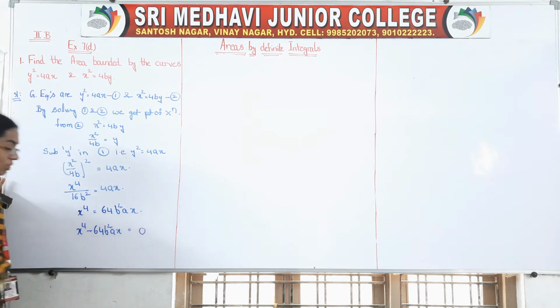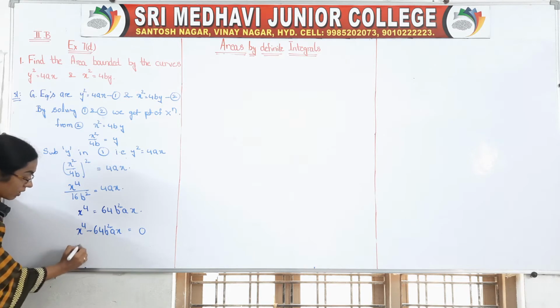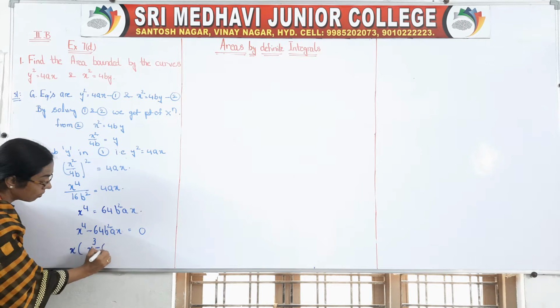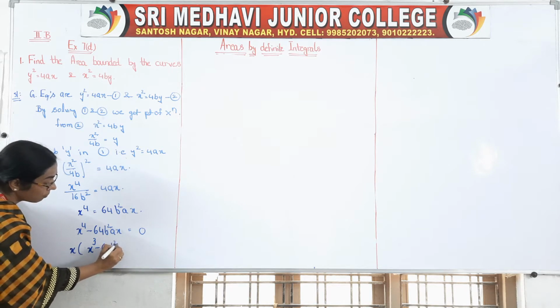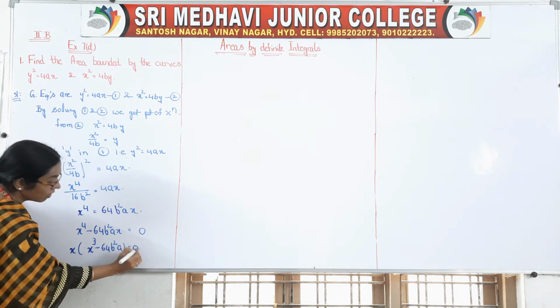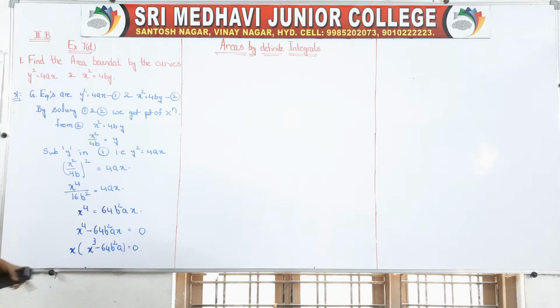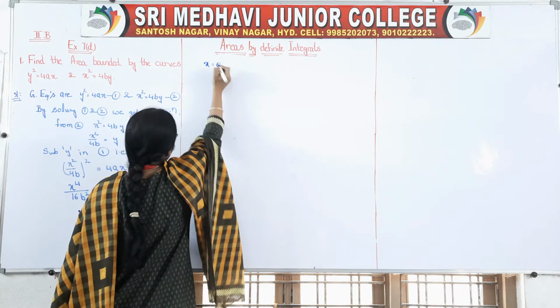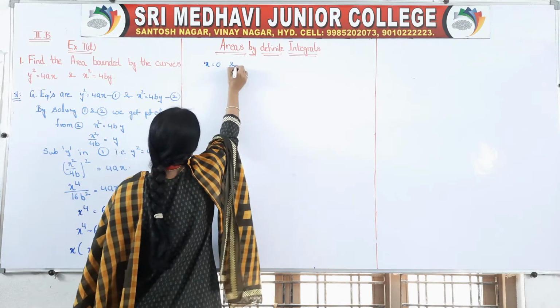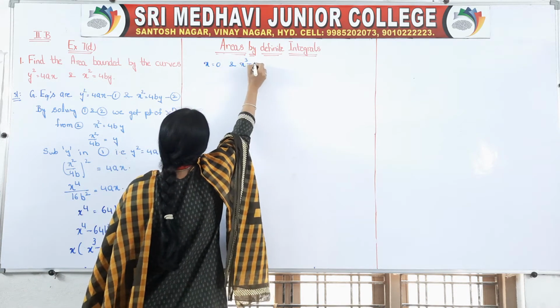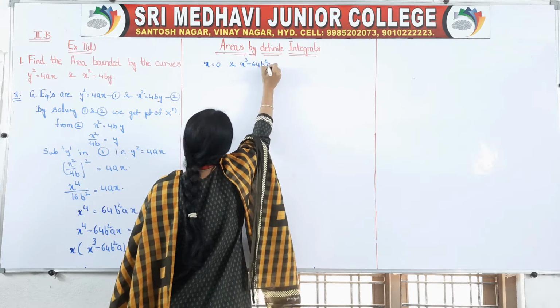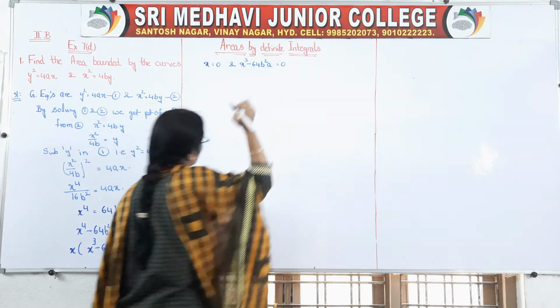is equal to 0. Now you take x outside common, then you will have x into x cube minus 64b square a is equal to 0. So how we will get it? Two values. One is x is equal to 0 and the other from x cube minus 64b square a is equal to 0.